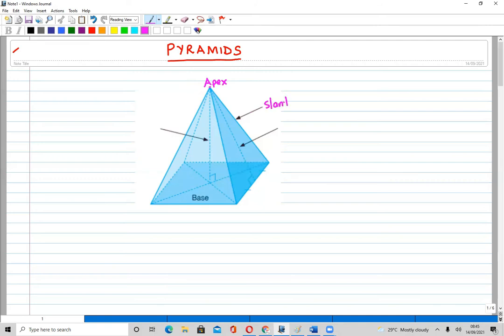Slant edge. And then this one, we call it the slant height. The slant height. Then, of course, this is the base. Then this one is the height.